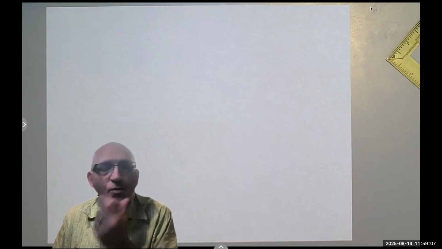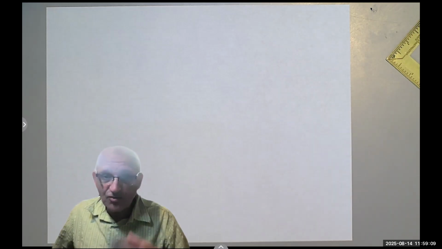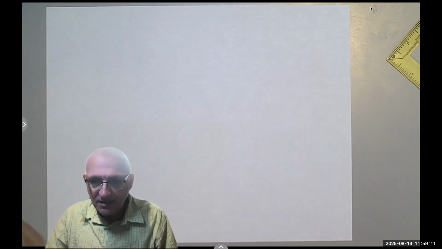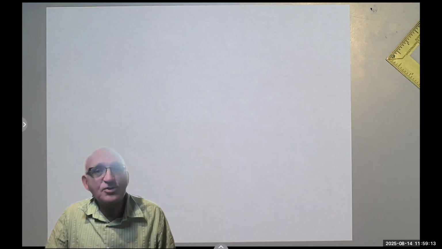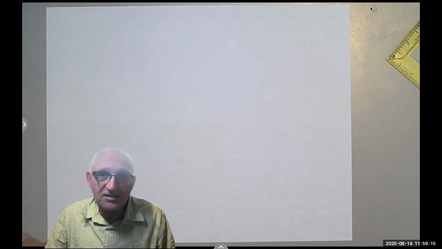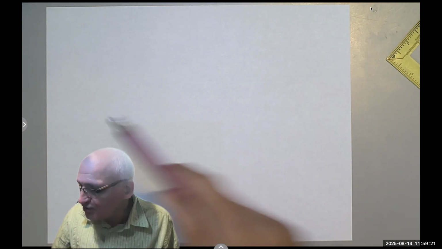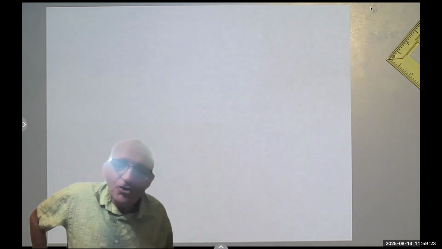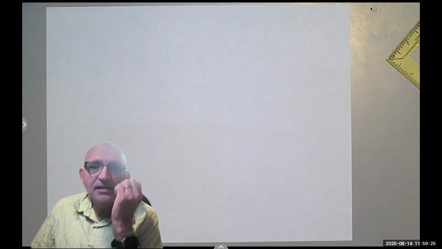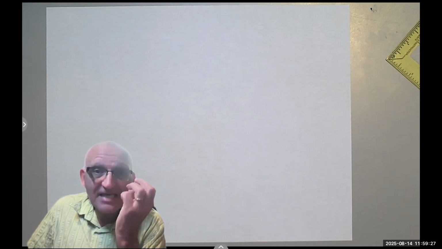What I want to start doing today, since we finished all the probability distributions, whether they are discrete or continuous, and we also looked at a linear combination of random variables, is to look at what happens if I get samples.